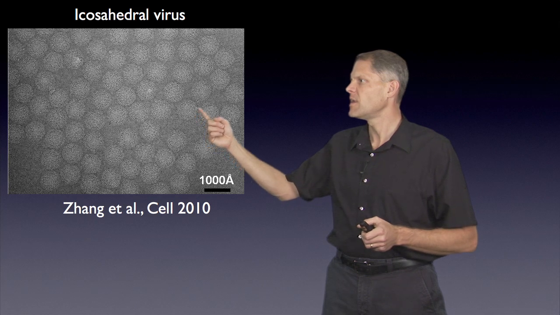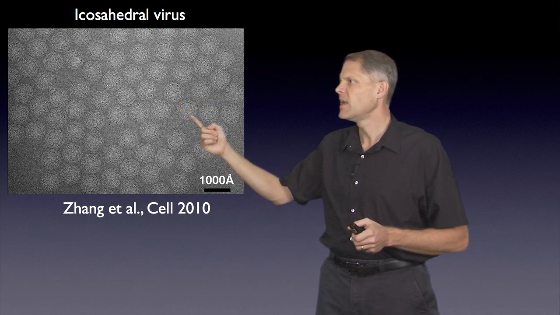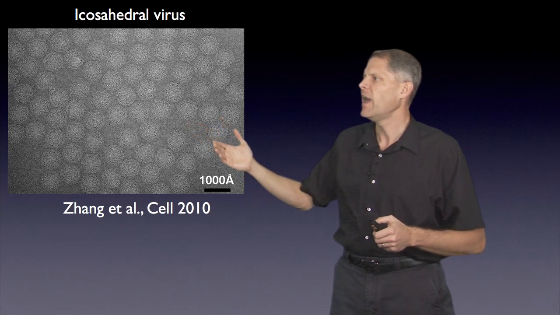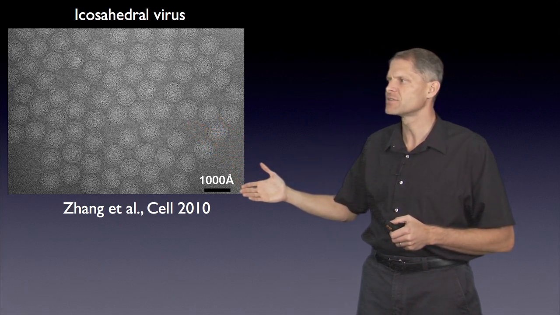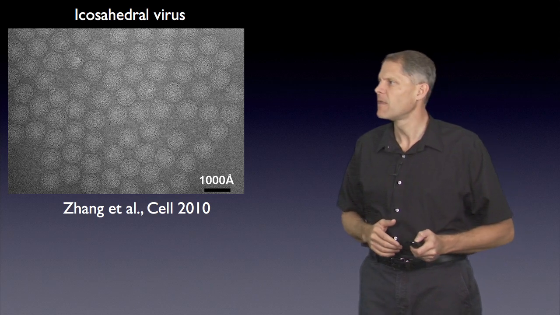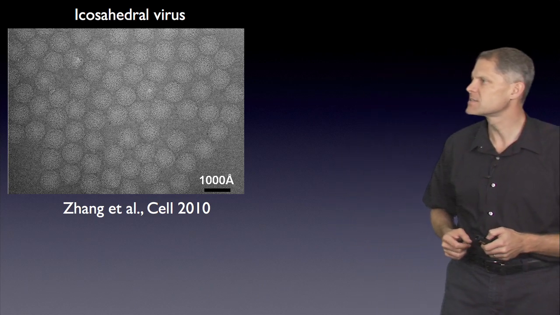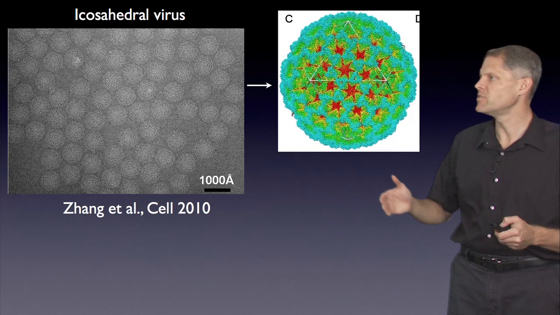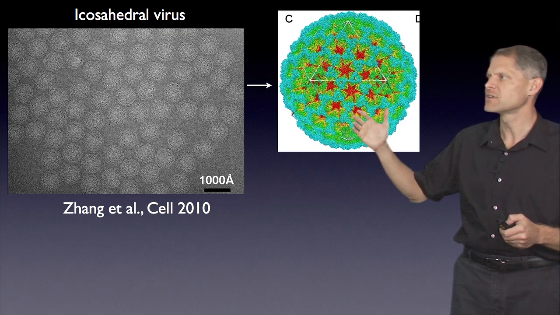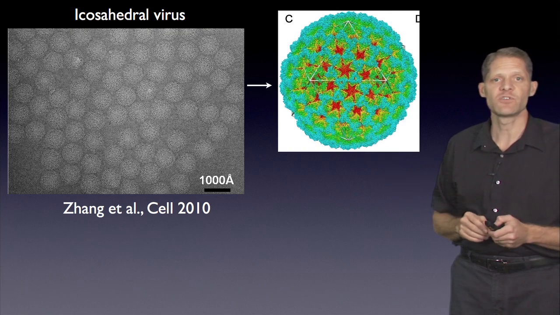Here's another icosahedral virus. And these viruses, they look almost spherical. They're actually icosahedral, and they're almost 100 nanometers in diameter. And so from an image like this, using single particle analysis, Hong and his colleagues produced this 3-dimensional reconstruction of the entire virus to 3.3 angstrom resolution.